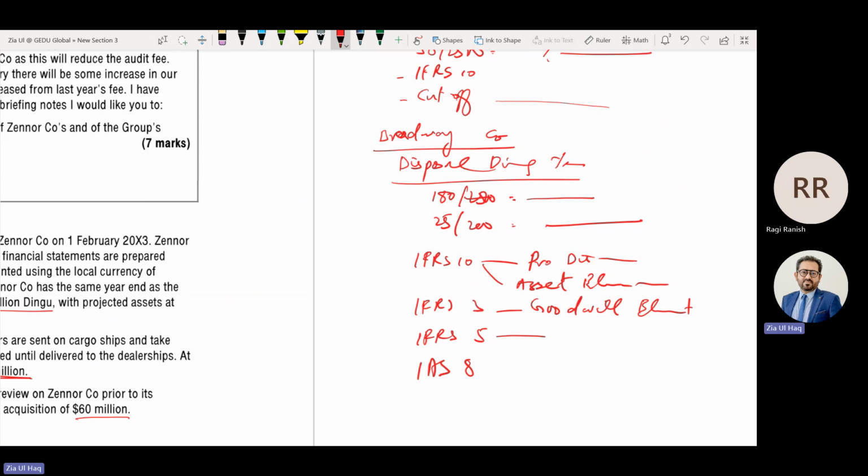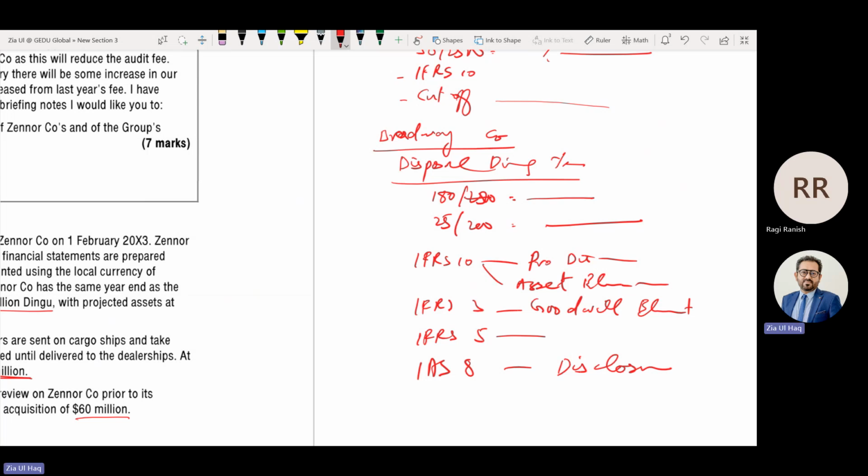IAS 8 also requires disclosure if the company makes any significant gain or loss through a non-routine transaction. What are routine transactions? Purchase and sale of inventory. Purchase and sale of assets is a non-routine transaction. If the company incurs any significant gain or loss, meaning 10% or more of total profit, total assets or total revenue, the company needs to provide a separate disclosure in the financial statements. In case of no disclosure, the financial statements could be misstated.